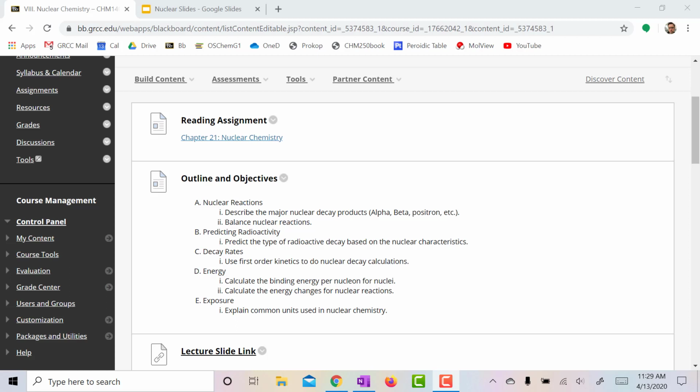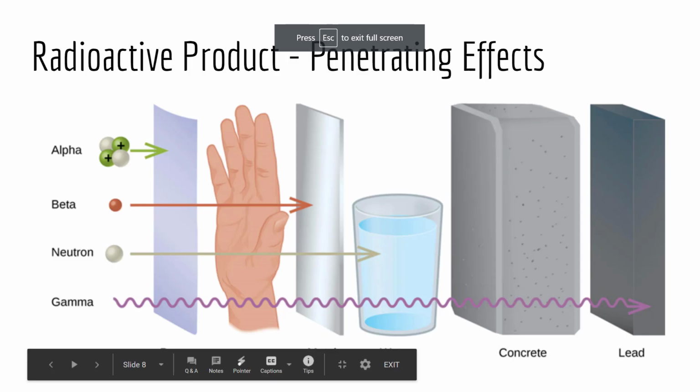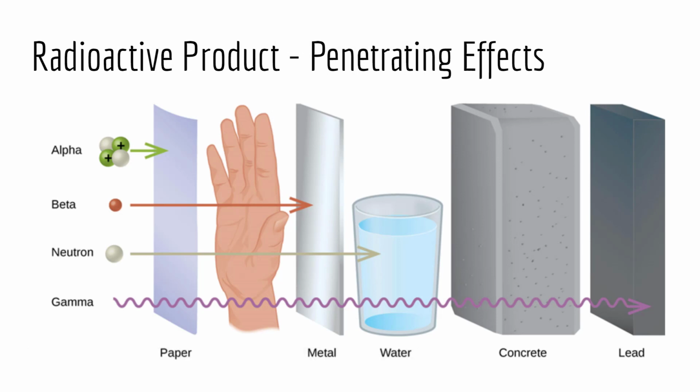Okay, so the last thing I want to talk about is human exposure and exposure in general to radiation. I'm pretty much just going to show you some slides and talk a little bit about this, but I'll give you some references, because if you look at these alpha, beta, neutron, gamma radiation that can be produced by nuclear reactions, you can see that some of them have the ability to penetrate through human skin and through concrete.